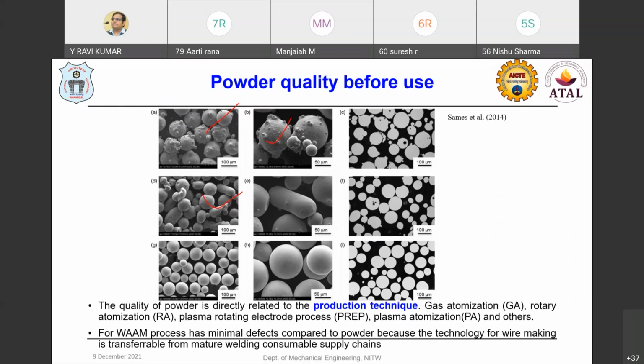It is transferable from mature welding technology, and the same kind of wire is used as a supply chain for this process. Only with respect to aluminum material, the WAM process is very challenging.